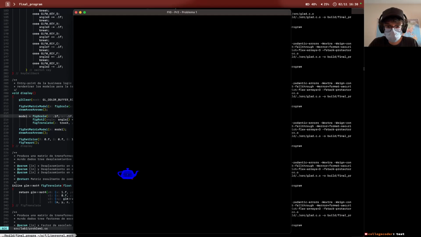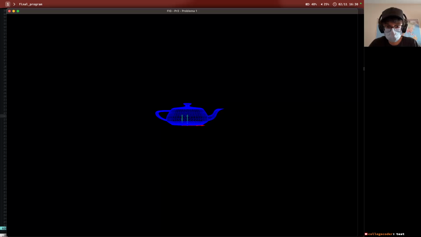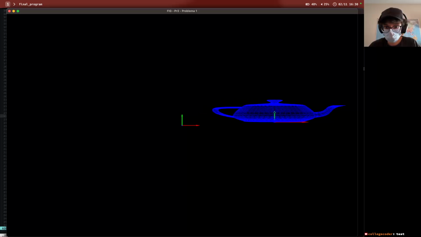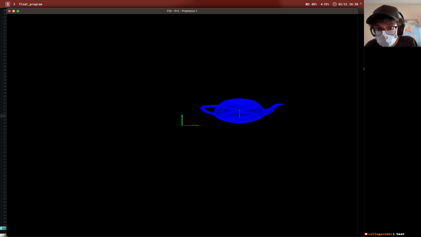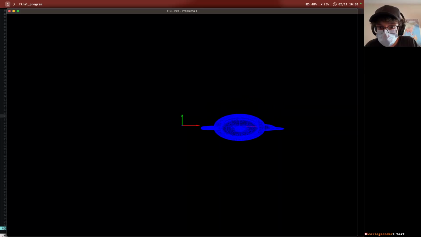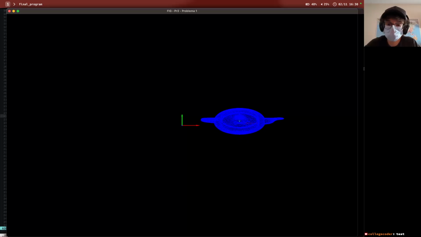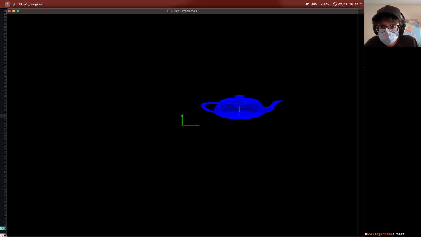So A and Z make it smaller and bigger on the Z axis. And for some reason the Z axis turns around. I don't know why it does that.